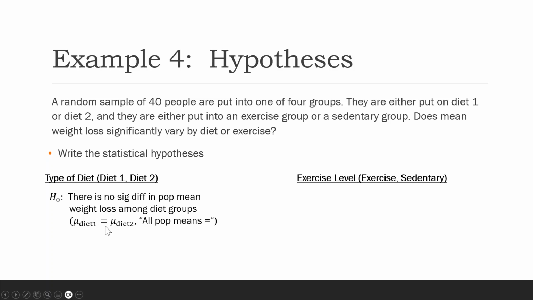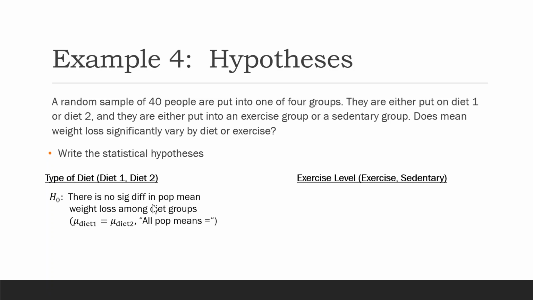Another way to say that, since this is only two groups, I know that mu of diet 1 equals mu sub diet 2. Or I can say that all of the population means are equal between the diet groups. All right? So I've given you three different ways to write that single null hypothesis. Choose one. You don't have to do all three ways anytime we're writing a null hypothesis. Since we're learning, I'm just giving you options here.